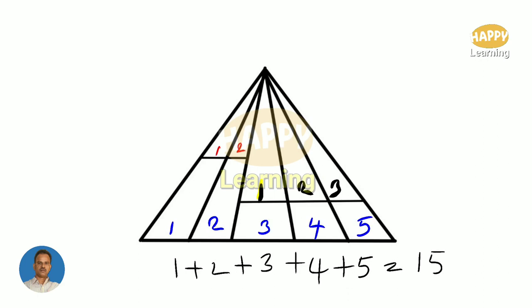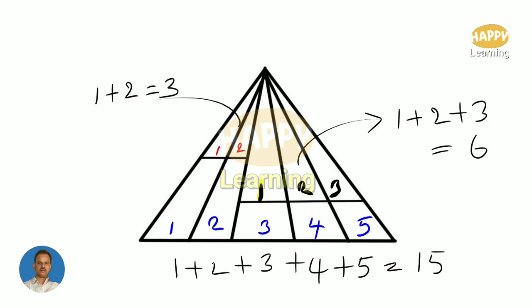Then for these 3 triangles, we have 1 plus 2 plus 3 equal to 6, and for these 2 triangles 1 plus 2 equal to 3.